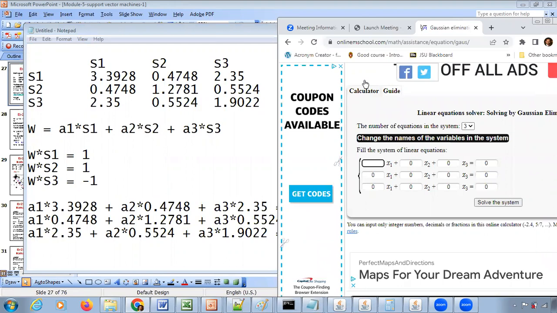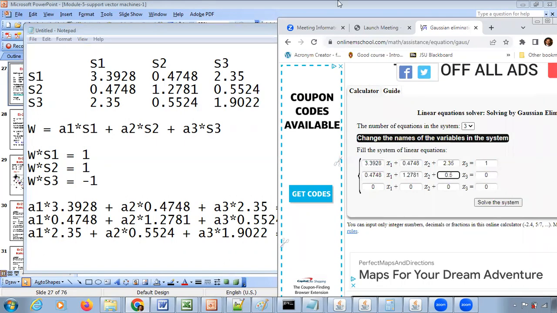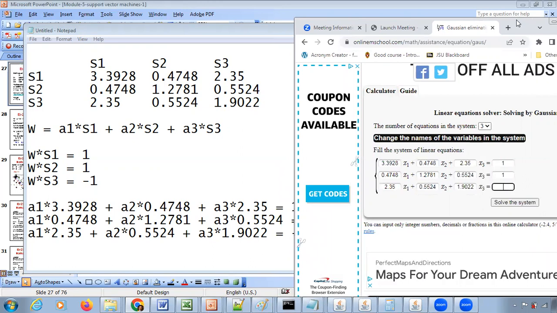So 3.3928, make sure you type it correctly, 0.4748 and 2.35 equals 1. And 0.4748, 1.2781, 0.5524 equals 1 as well. And 2.35, 0.5524, 1.9022 is -1 here.